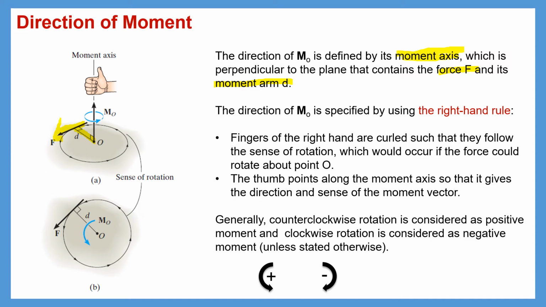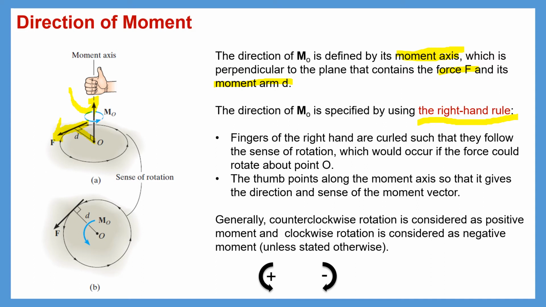While deciding the direction of moment, we are going to use the right-hand rule. Fingers of the right hand are curled such that they follow the sense of rotation. Here, the applied force F will rotate in counterclockwise direction, and the thumb will point along the moment axis.